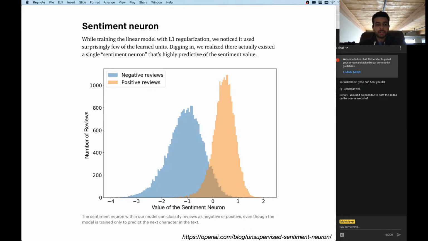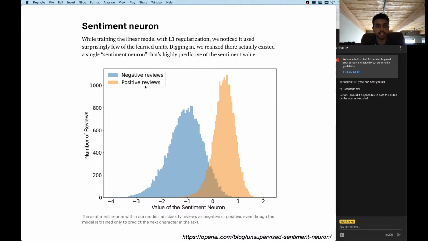So probably the most prominent example of visualization-based analysis was with the very first GPT model that OpenAI released. They trained, I believe, an LSTM or RNN language model just to predict the next word. And then they discovered that a single neuron in their RNN seemed to be highly predictive of the sentiment of the input.